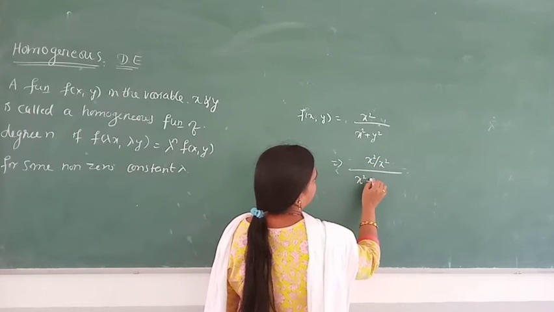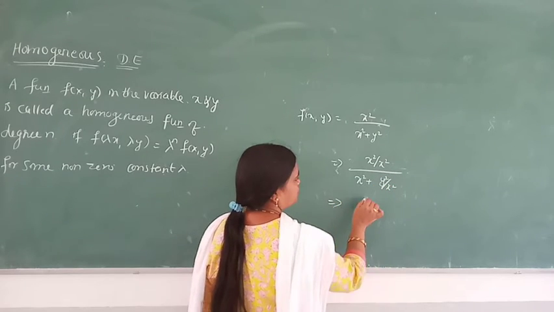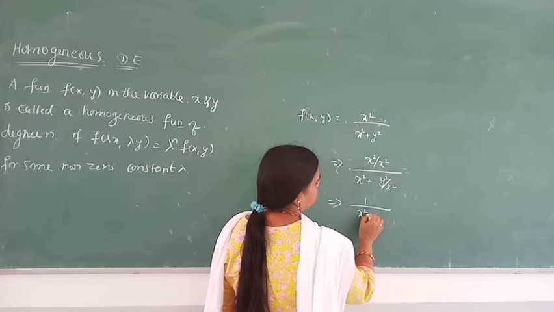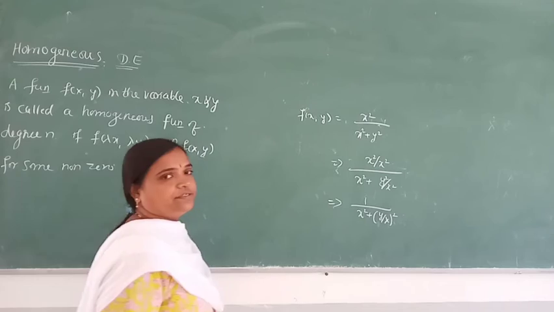We get x square plus y square by x square, we get 1 divided by 1 plus y by x the whole square.